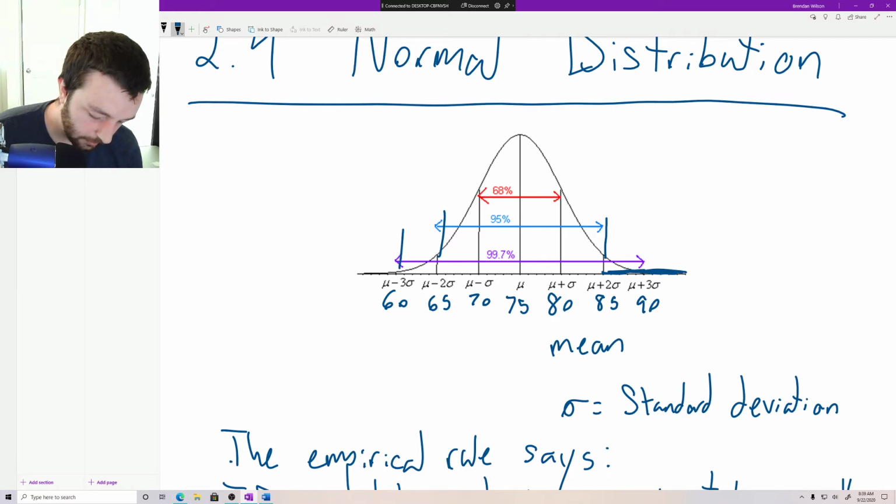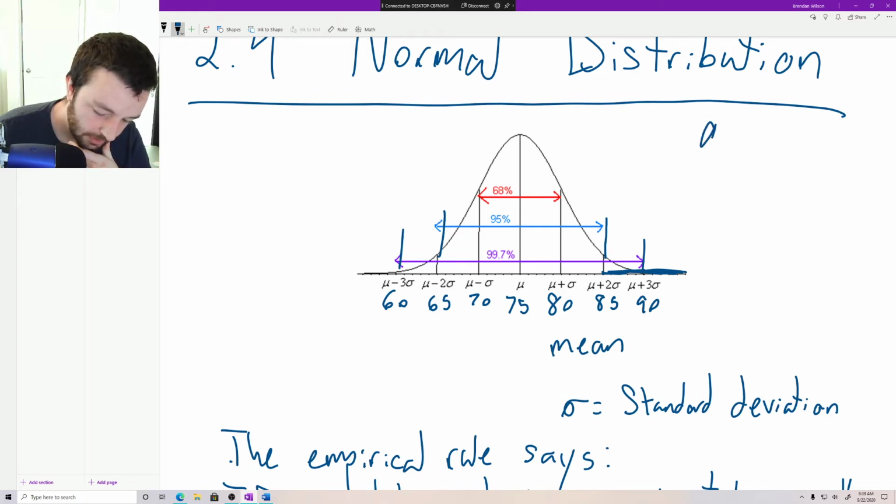This is where 99.7 of the data is. Okay. We can use that information to find how big this part is. Okay.